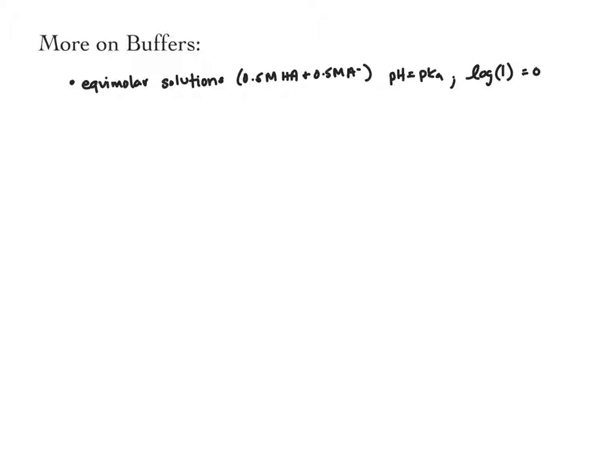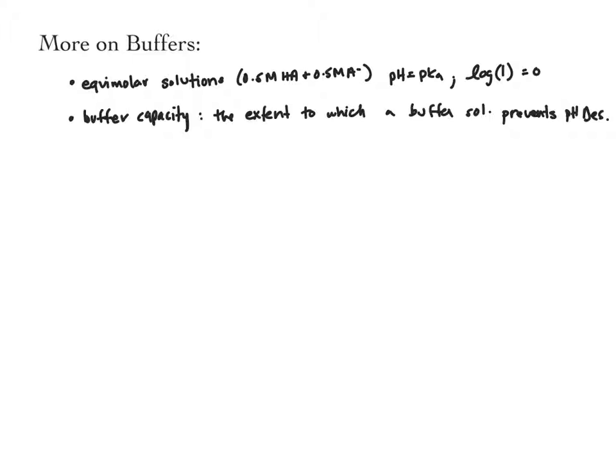Okay, so the next thing we need to talk about is buffer capacity. So buffer capacity, guys, is the extent to which a buffer solution prevents pH changes. Okay, and buffer capacity is going to depend on several things. So pH is going to be the first one. The closer the buffer pH is to the weak acid's pKa, the greater your buffer capacity is going to be.